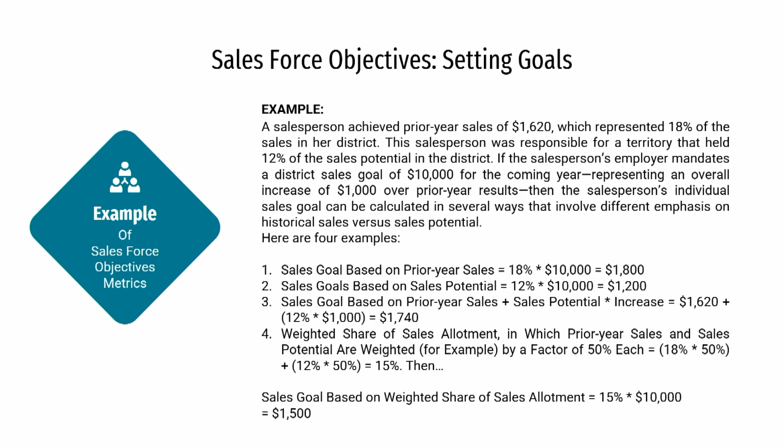So, 18% multiplied by 50% plus potential sales percentage 12% multiplied by 50%. So, this weighted average value is 15%. So, I should be accounted for 15% of the total potential sales in the upcoming year, and that makes my target at the level of $1500.